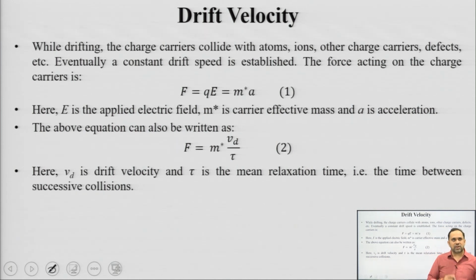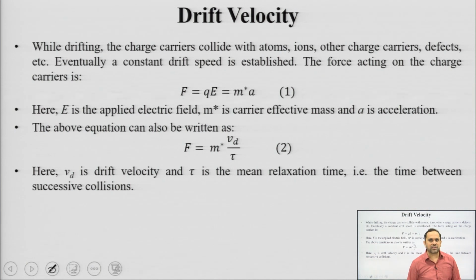What force is acting on the charge carrier? This is the force which I have applied via the electric field. The applied electric field is providing a force to the charge carriers, to the electrons. This force is equal to Q times E, because we know that electric field by definition is force applied per unit charge.